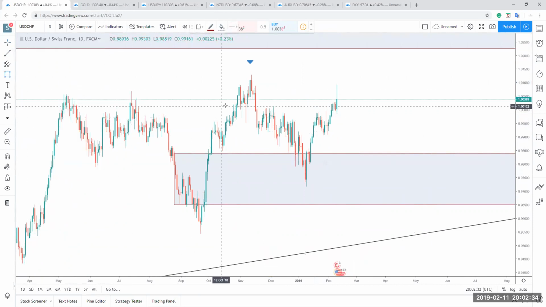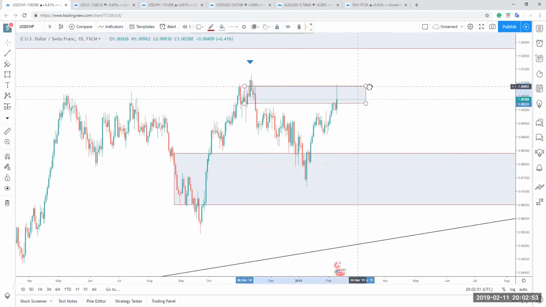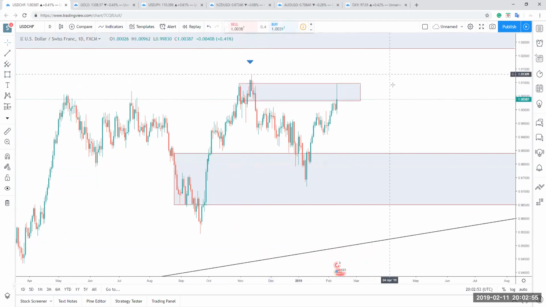This is a bearish order block. We're going to use this candle. Yeah.